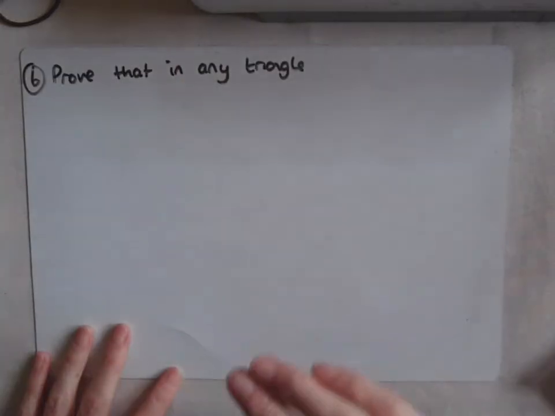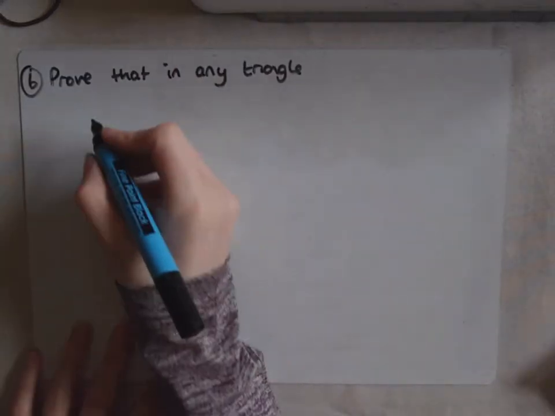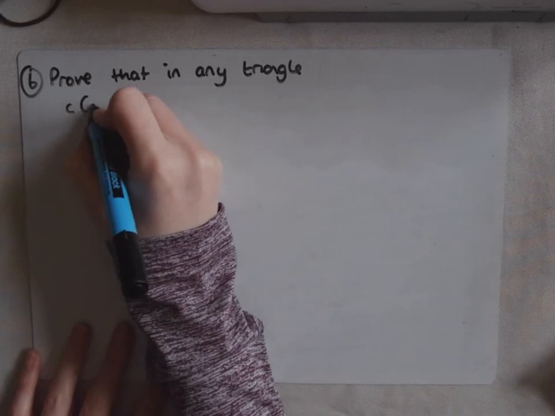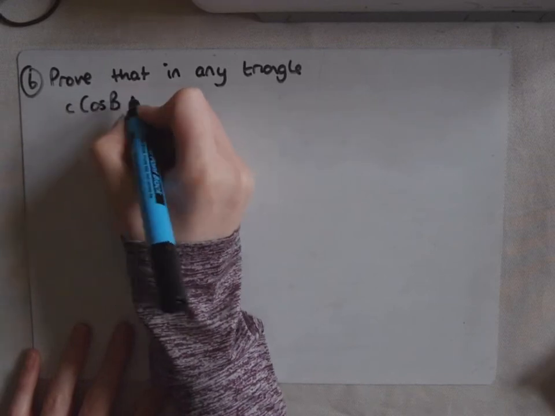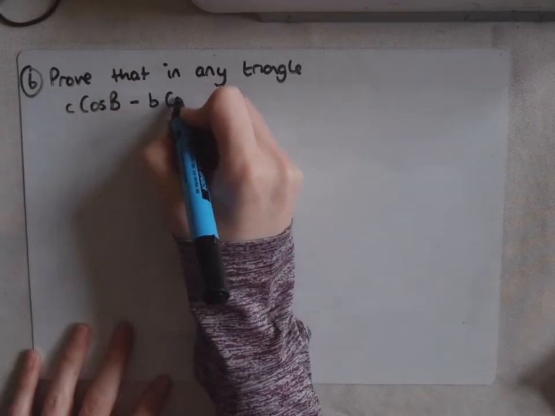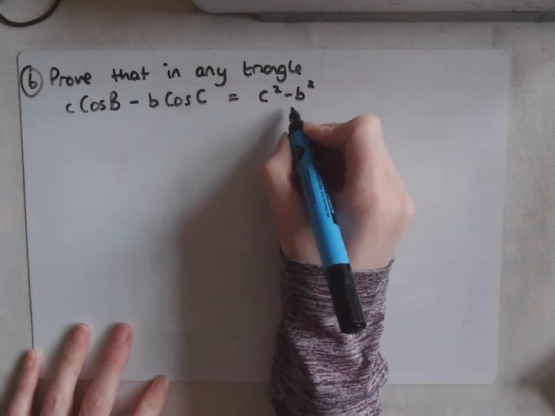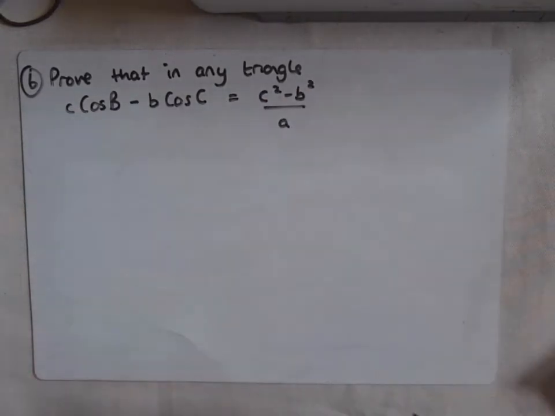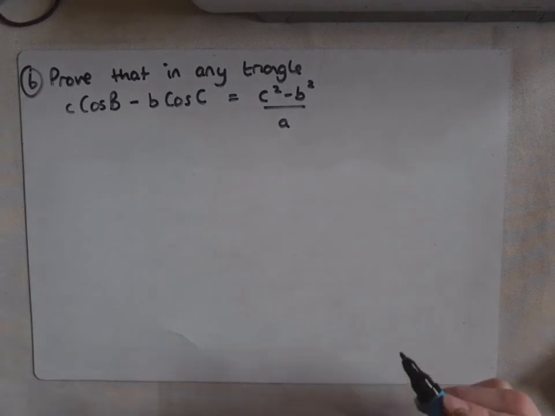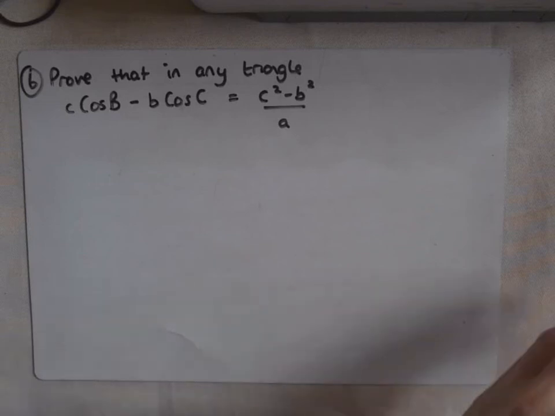Okay, so prove that in any triangle c cos B minus b cos C equals this.